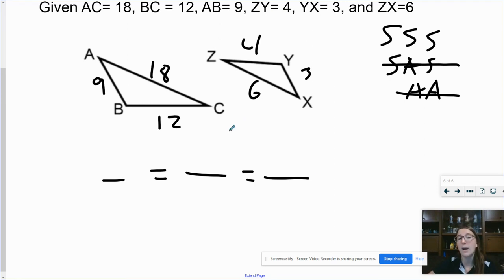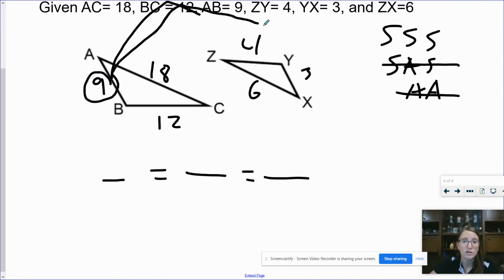Okay, now you have options. I'm going to go ahead and go from this shape over to this one. Now notice that 9 is the smallest number here, so it has to go with the smallest number over here. So 9 is going to have to go with 3. If you did 3 over 9, that is totally okay, as long as everything else matches.